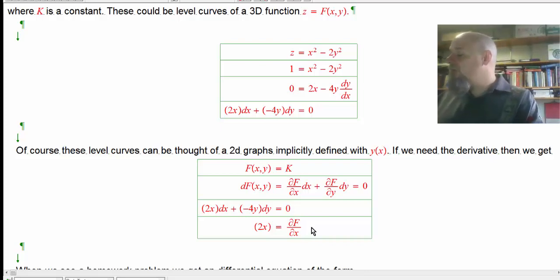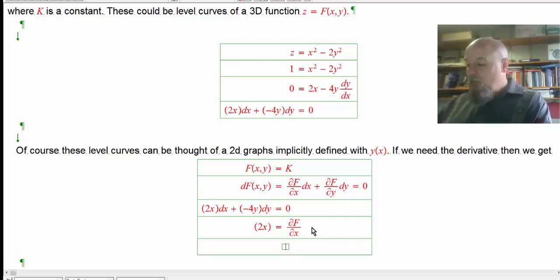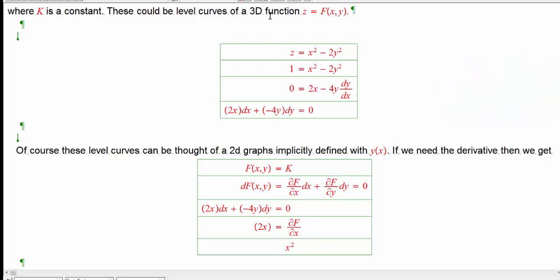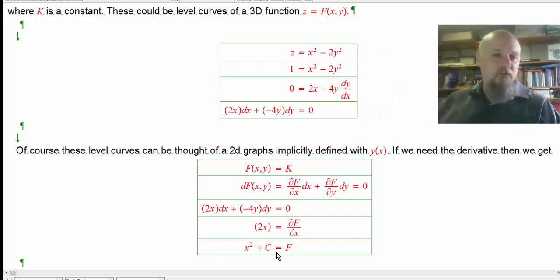So I can integrate this back. If I integrate both sides, I would get x squared is equal to f. There, I just integrated both sides of this equation with respect to x. Of course, there should be a plus constant here. But that constant could be a number like 12, and then when you differentiated it disappeared.